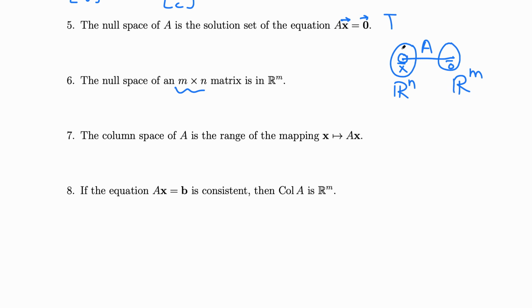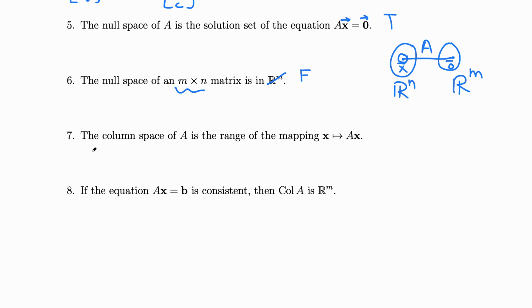The null space lies in the domain, so it should be in Rn, not Rm. This is false. It should be in Rn. Null space is here, column space is here, by the way. So this is false because the null space is in Rn, since the matrix is m by n.